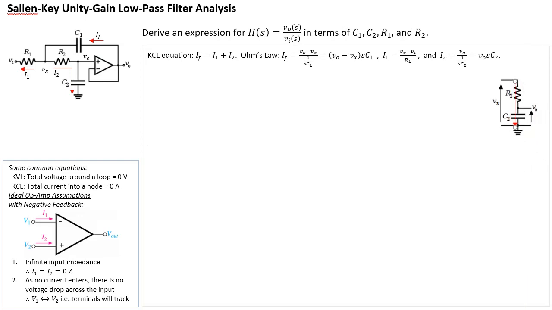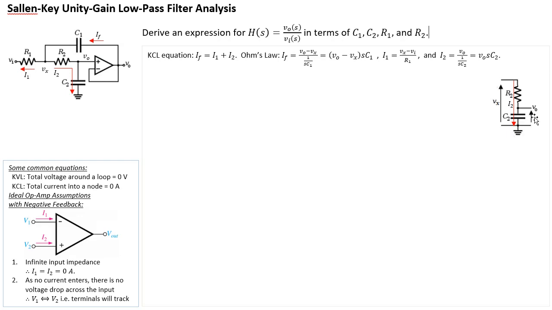That's how I know it's in series. That current, of course, is I2, just to remind you, flowing from one end of R2 all the way to the other end of C2.